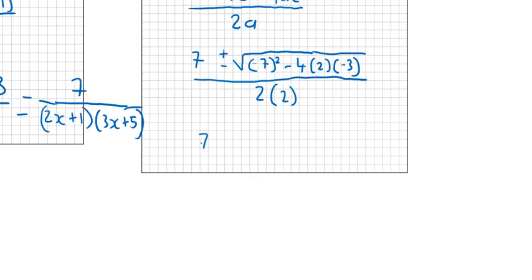So we'll leave the 7 and the plus or minus there for a second, and we'll simplify what's inside the square root. Minus 7 squared will give us plus 49, and then we have to add on 24. Minus times minus gives us plus, so 49 plus 24 will give us 73.